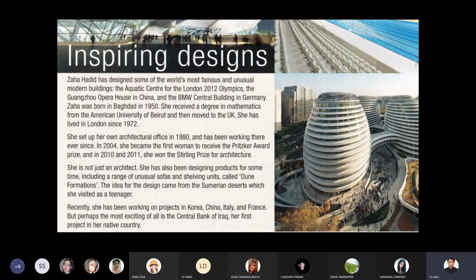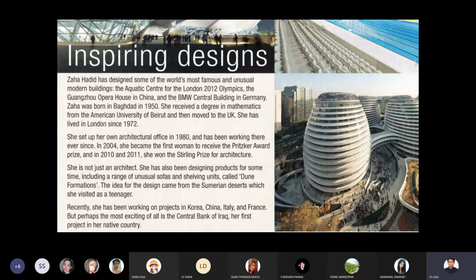Zaha was born in Baghdad in 1950. She received a degree in mathematics from the American University of Beirut and then moved to the UK. She has lived in London since 1972.